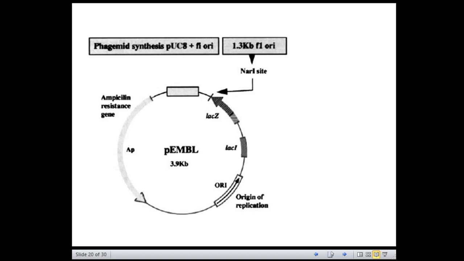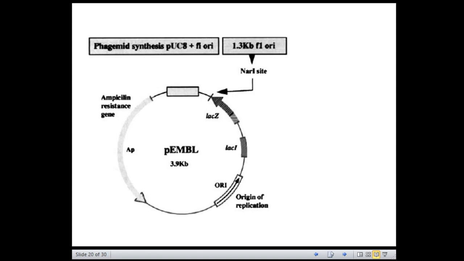So a typical example of a phagemid is the pBluescript vector, and this can be used in its own right as a cloning vector and manipulated as if it was a plasmid. Similar to M13, this phagemid can be used in nucleotide sequencing as well as in site-directed mutagenesis.